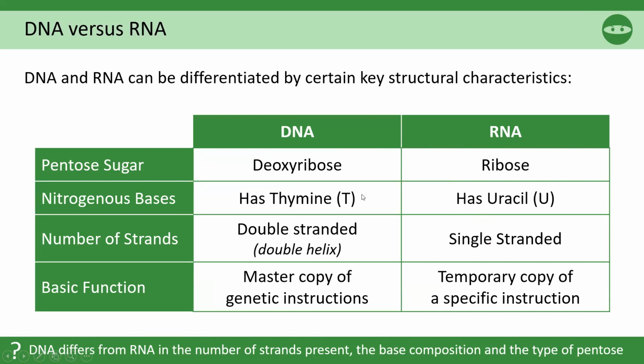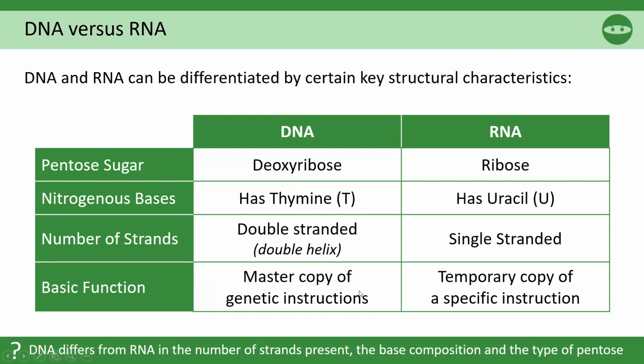For nitrogenous bases, we have thymine for DNA, which is present in DNA only, but not in RNA. For RNA, there is uracil, which is present in RNA only, but not in DNA. DNA is double-stranded and has the name of double helix, while RNA is single-stranded. What is the basic function of DNA?